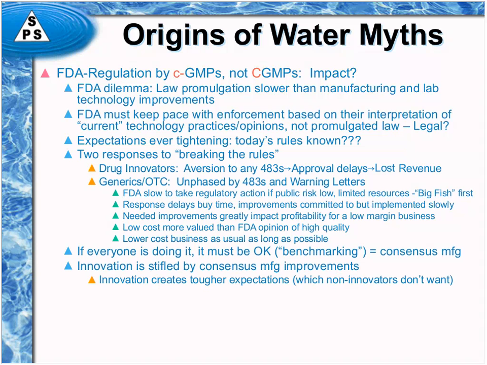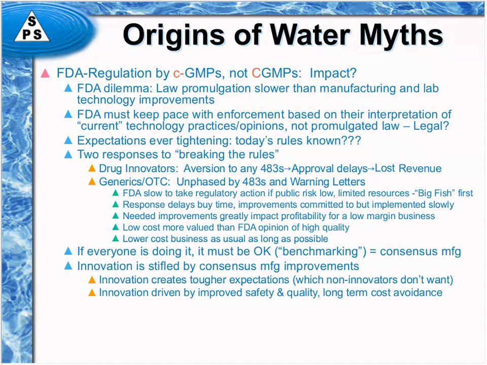And so if you happen to be a non-innovator, one who's operating a relatively low-margin business, and these improvements cost money, you're not too inclined to want to innovate to better and better ways of doing things that might actually improve the safety or the quality of the medicine, and may even reduce the long-term cost of something.